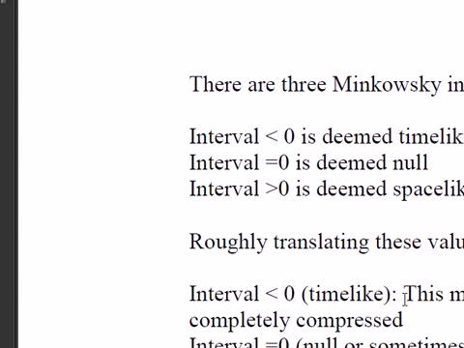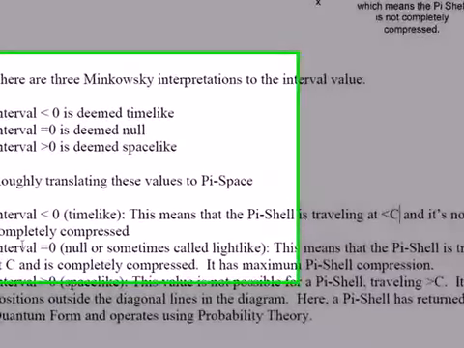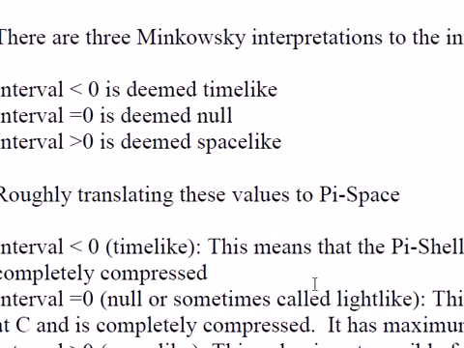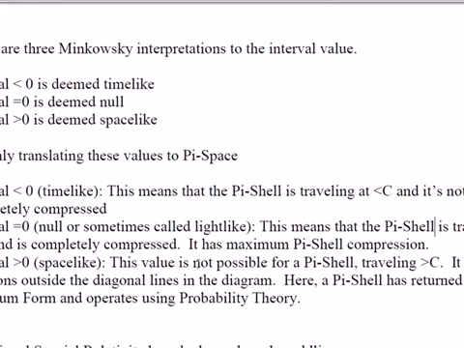If the interval is 0, what's called light-like, this means the pi shell is traveling at the speed of light and is completely compressed. It has lost all its area. If the interval is greater than 0, it's space-like, and it's not possible for a pi shell to travel at this speed. It refers to positions outside the diagonal line.